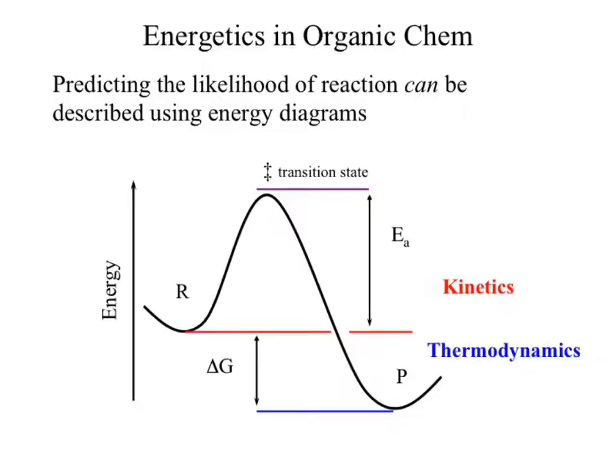So we've got reactants shown as R, products, P. We move from reactants to products, what's happening? We're doing a reaction. So typically on the x-axis we show RXN coordinate, saying we're doing a reaction, that's it.